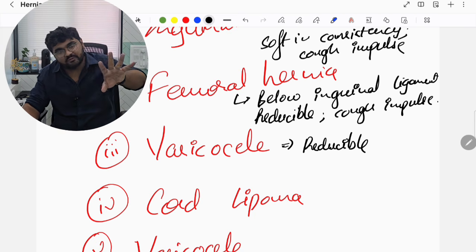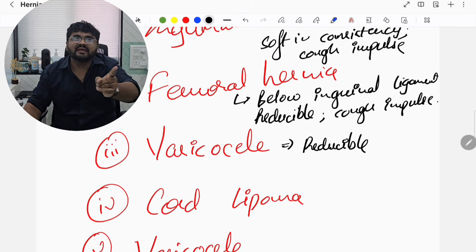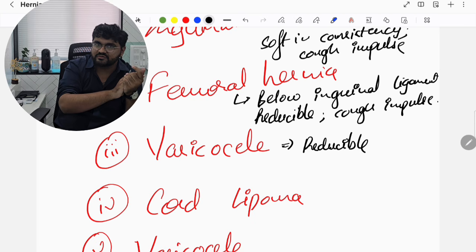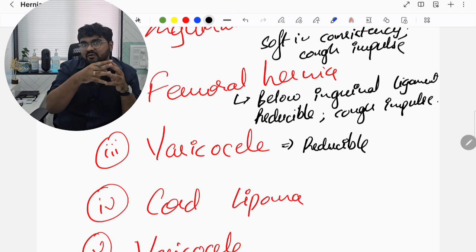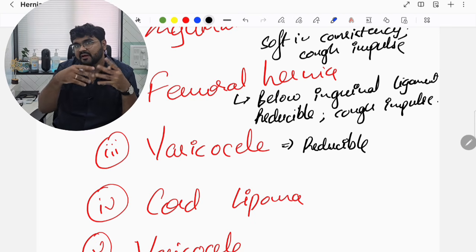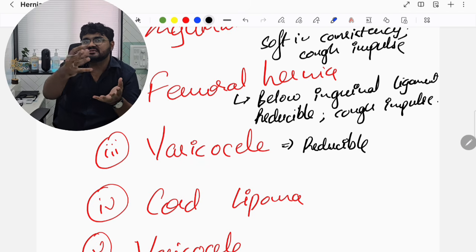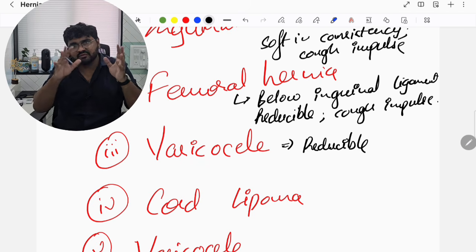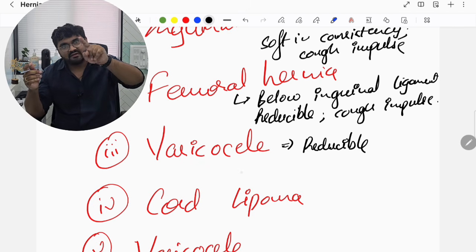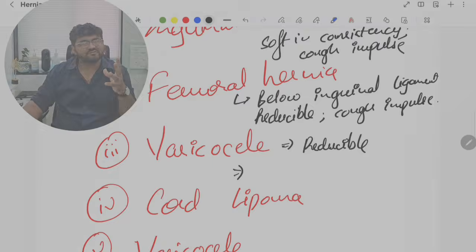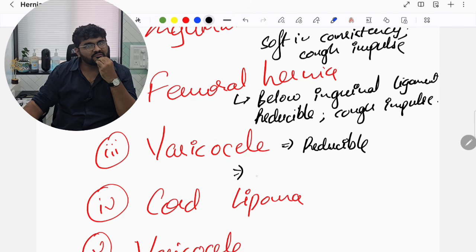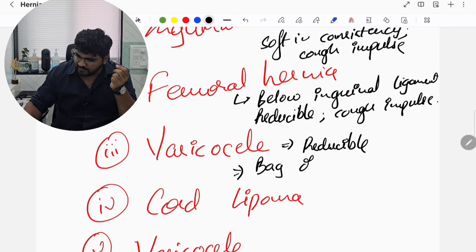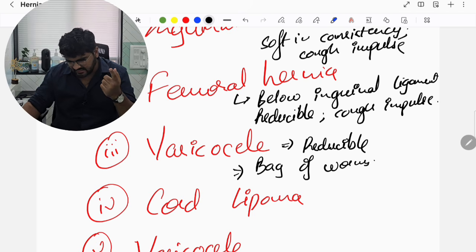So when you reduce it, it will go in and it will not come out until an external force is applied. If this were a compressible swelling, it would reappear as soon as you release the force, right? But this is reducible. And what is the hallmark of varicocele? We know that we get a bag of worms appearance, a bag of worms in the scrotum. So yes, that is another thing. Then what else could it be?